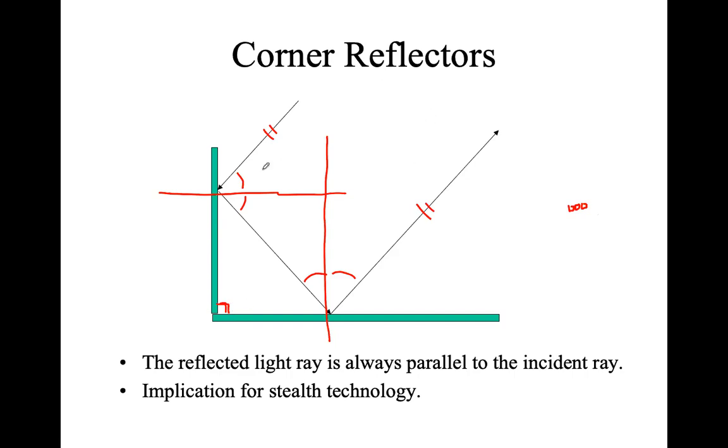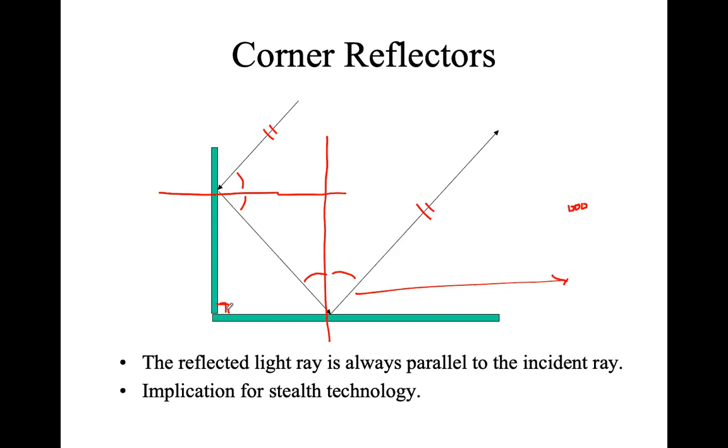So if a radar, for example, or an infrared sensor or a laser sensor illuminates the aircraft, if there's no 90-degree angle, the light will be scattered off at some angle other than where it originated, and it doesn't give an image back to the source of the radar, and makes the warship or the airplane less detectable. And so a lot of technology with this very simple idea: eliminate the 90-degree angles in the design of the architecture of the craft that you don't want to be seen.